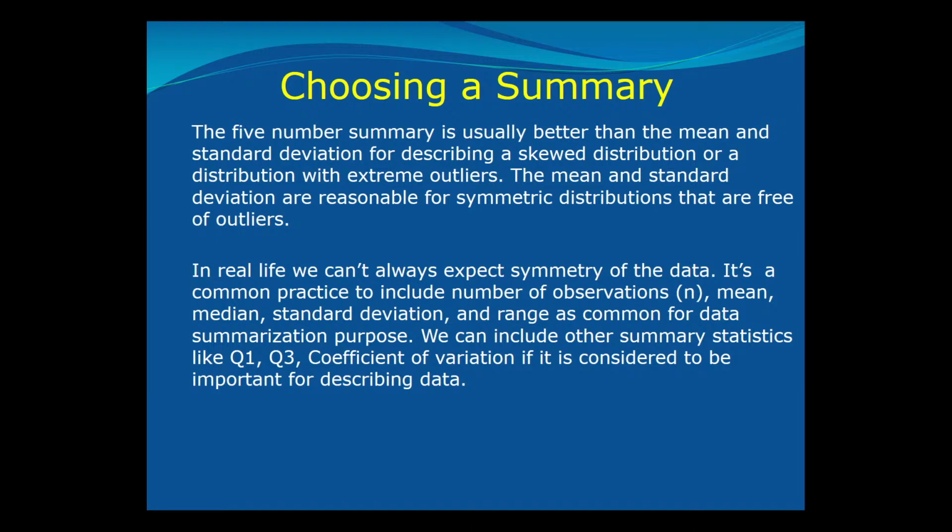It's a common practice to include the number of observations, mean, median, standard deviation, and range for data summarization purposes. We can include other summary statistics like quartile 1, quartile 3, and coefficient of variation, if considered important for describing data.